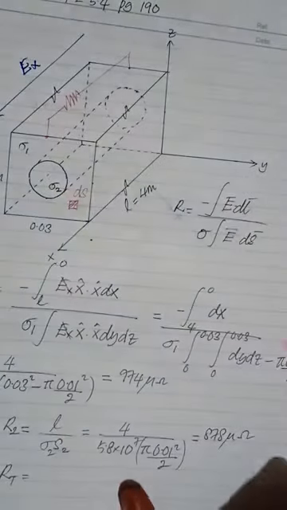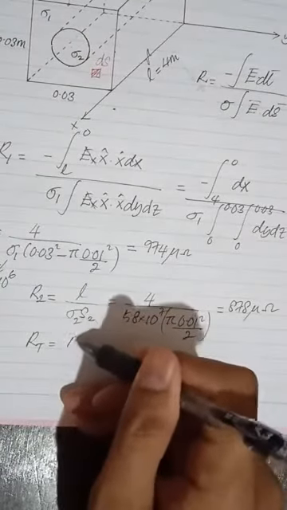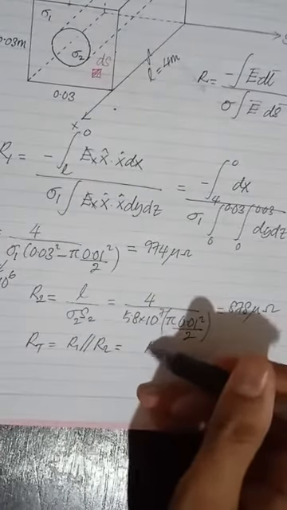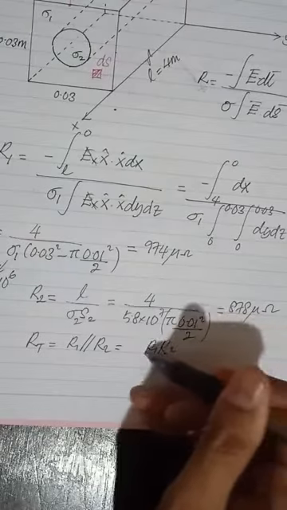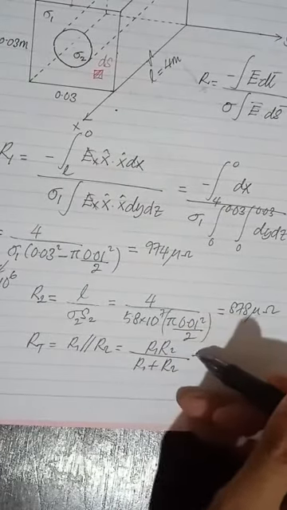So we can simply find the R total by combining them in a parallel way. We have R1 parallel to R2, so R1 times R2 over R1 plus R2.